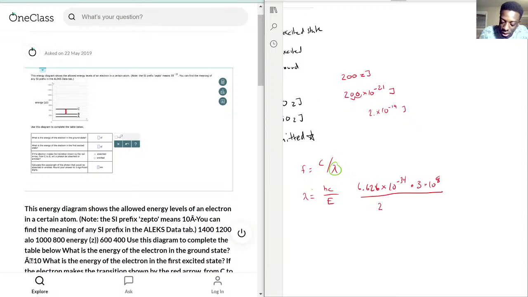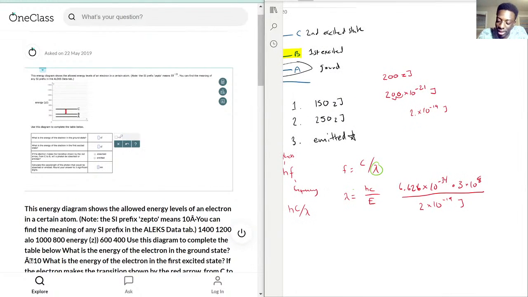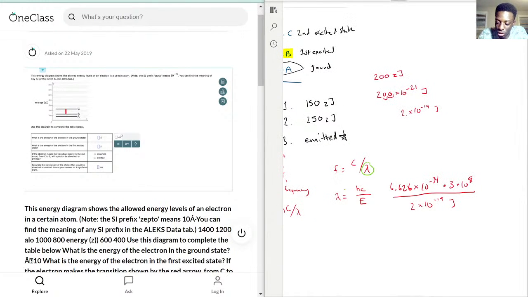So we can put that down here. Don't worry, Planck's constant has all the right units, and in the end, you should end up with meters.